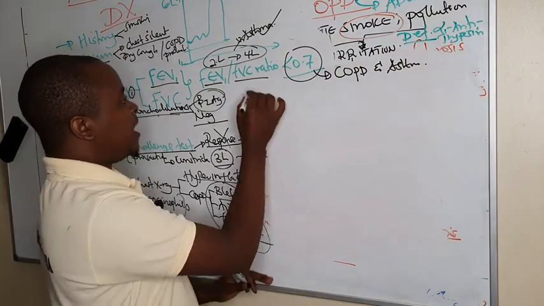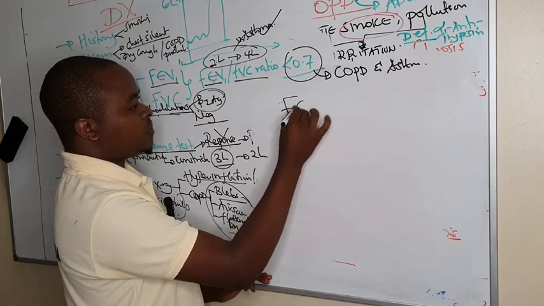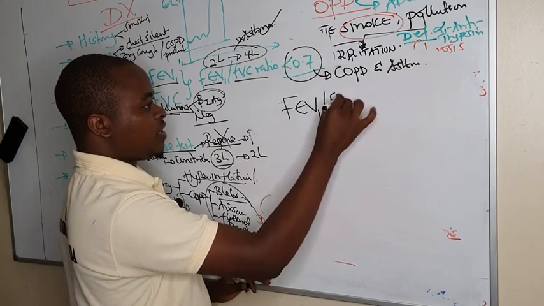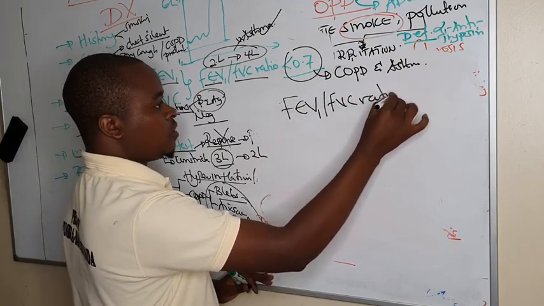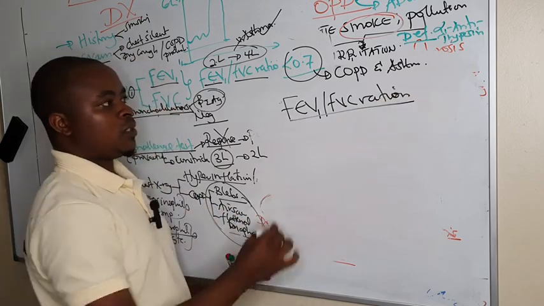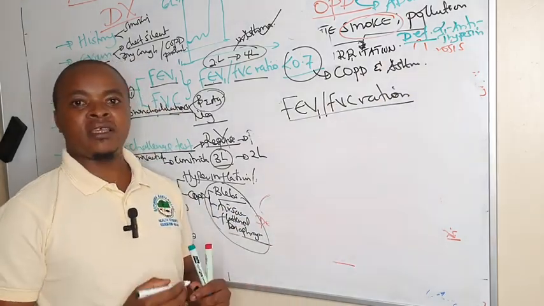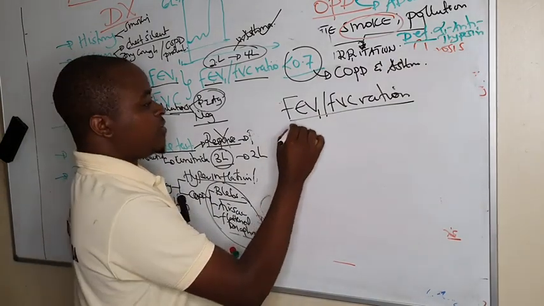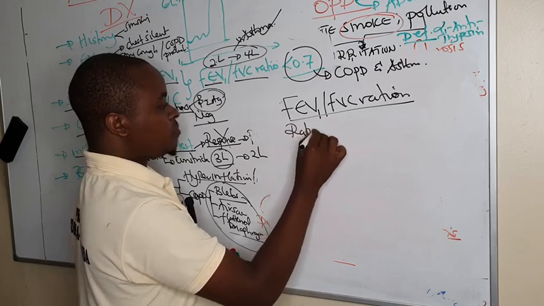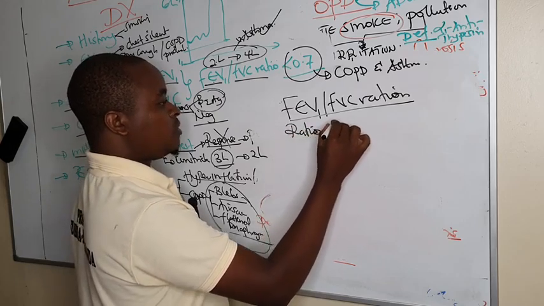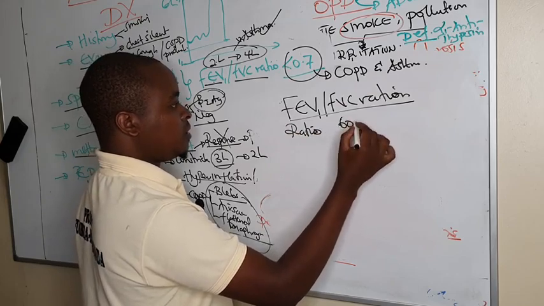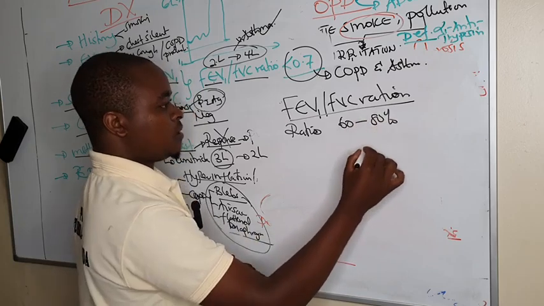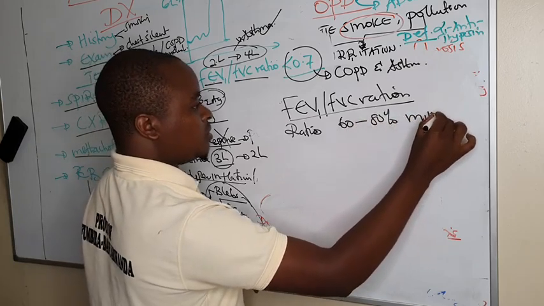Then we can even use the forced expiratory volume in 1 second to forced vital capacity ratio to classify the severity of COPD. If the ratio is between 60 to 80%, this is mild COPD.